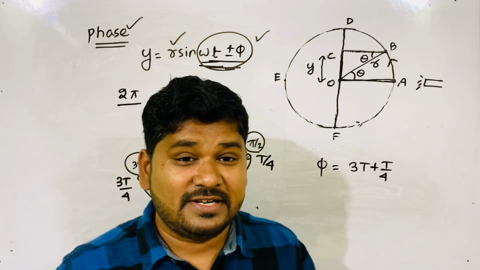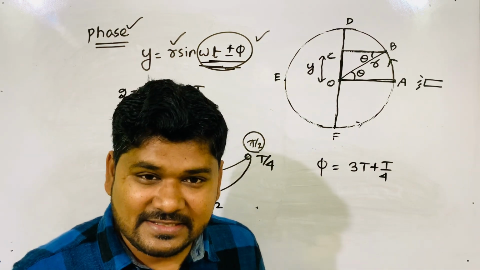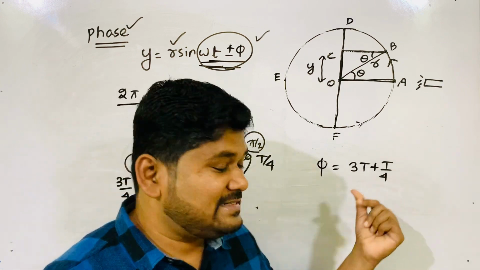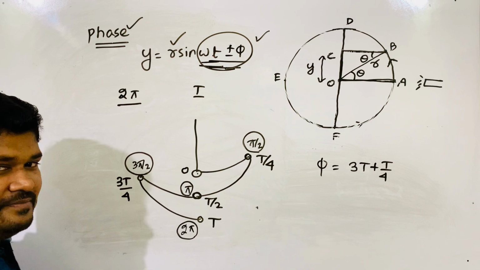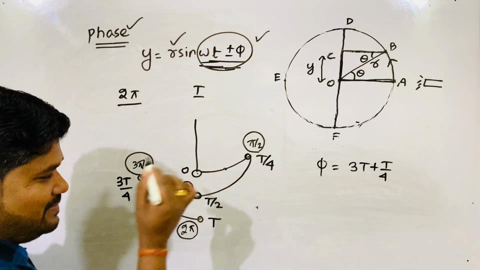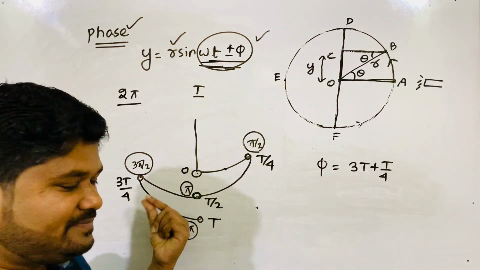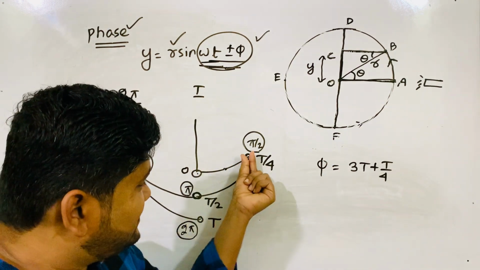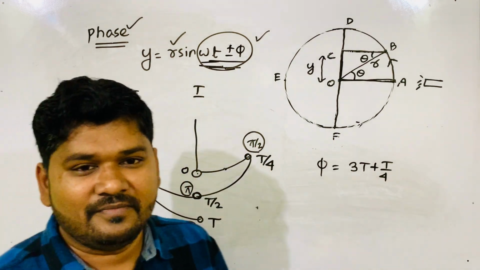What will the person understand? The body completed 3 oscillations and phase is T by 4, means where is the body? Here. Or T by 8 means the body will be somewhere here. T by 4 means the body is at the extreme position; already one part, T by 4, is over, so the body will come here.